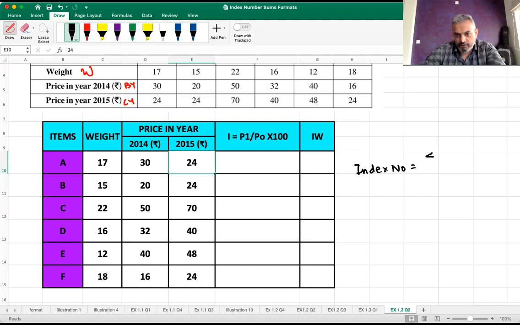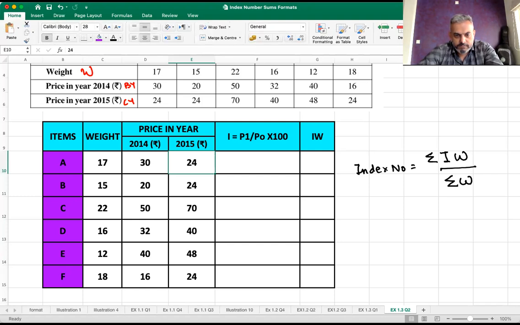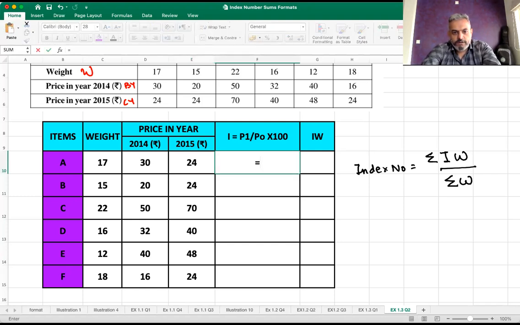Index number is equal to sigma IW upon sigma W. So now first let's find out I, which is equal to price of current year divided by price of base year into 100, which is equal to 80.